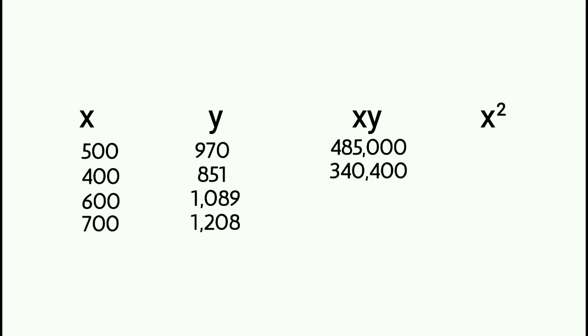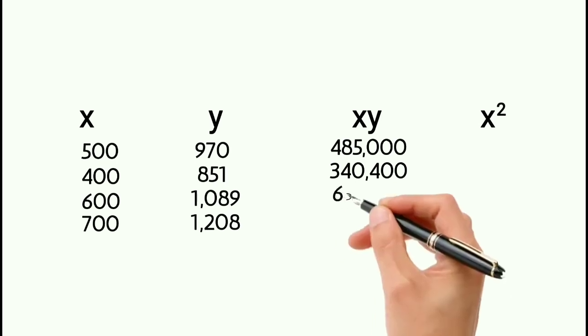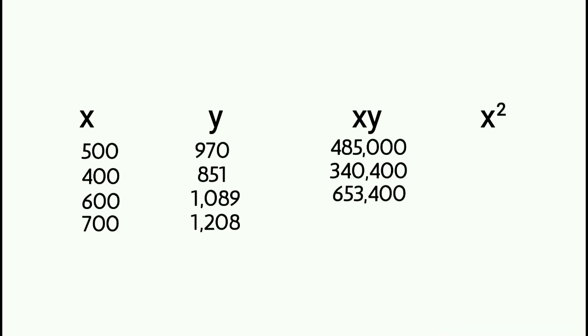Next, 600 times 1,089, ilan yan? 653,400. And last, 700 times 1,208, that is equal to 845,600.